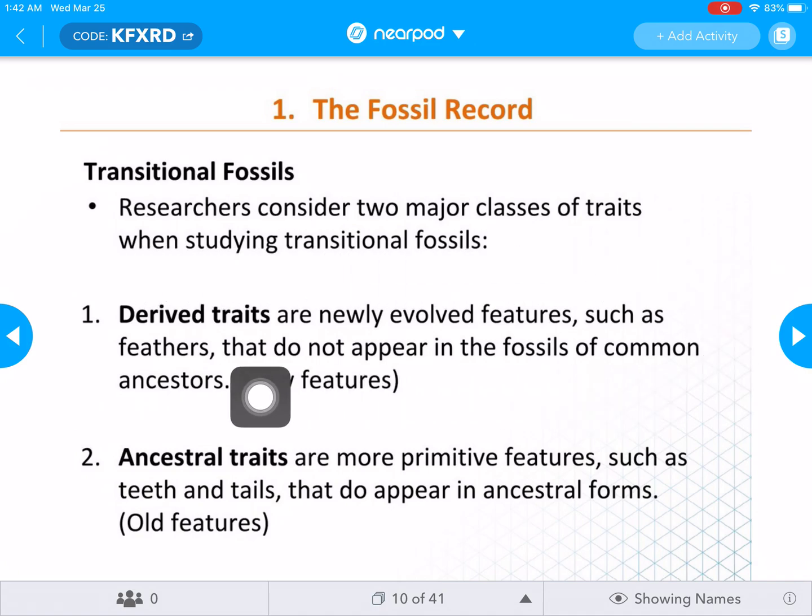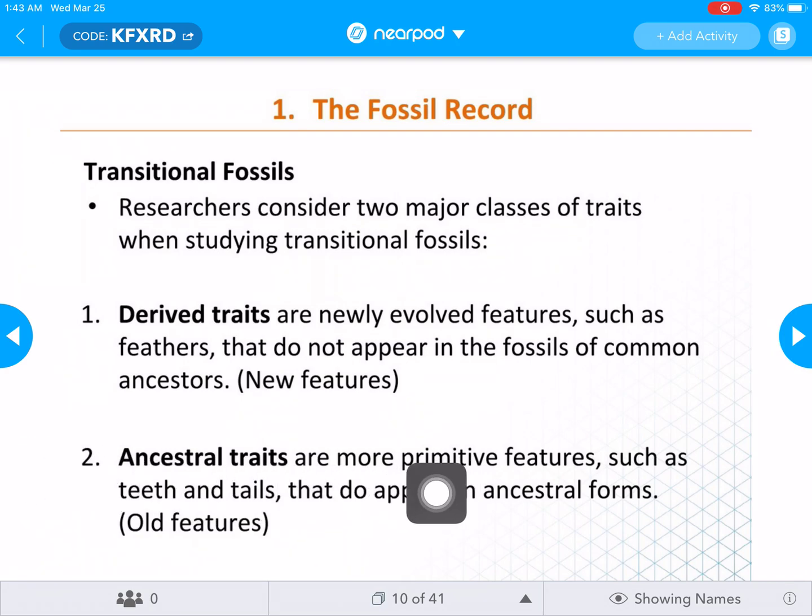They are things that are new that later on we can find more and more of them in the fossil records. But before finding that organism, the transitional organism, this derived trait did not exist. An ancestral trait is something that's more primitive, meaning it's been around for a lot longer and a lot of organisms have had it, and you can see it in the fossil records for a long time.